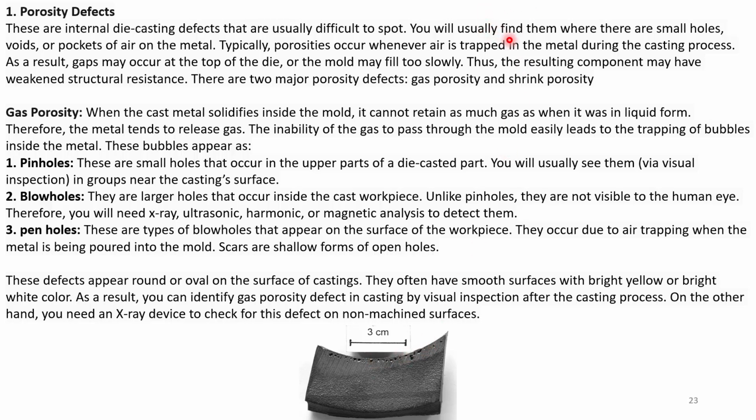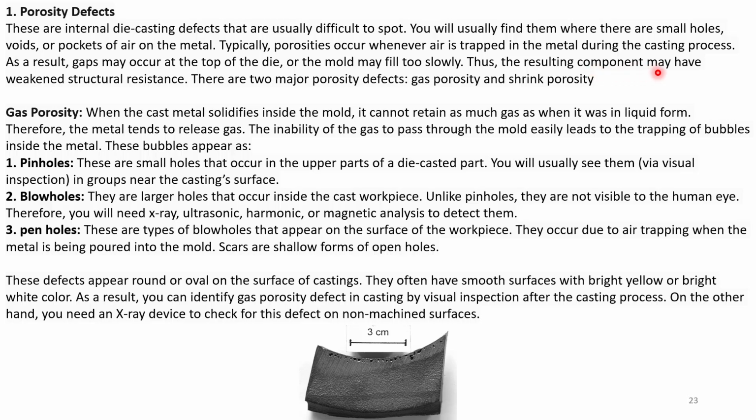You will usually find them where there are small holes, voids or pockets of air in the metal. Typically, porosities occur whenever air is trapped in the metal during the casting process. As a result, gaps may occur at the top of the die, or the mold may fill too slowly.